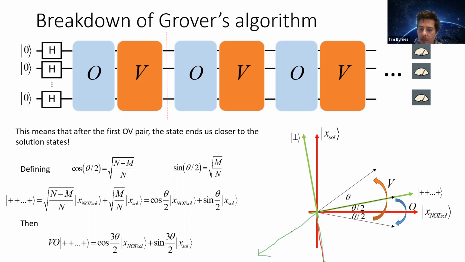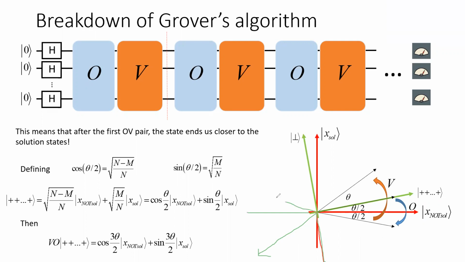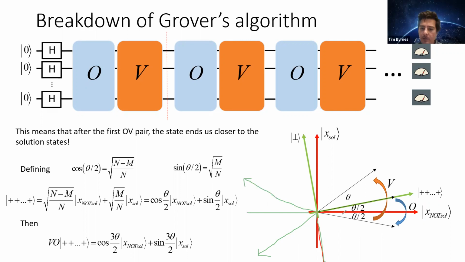If you actually did this and then continued with the sequence, here's what happens after the first step. Now the second step reflects around this axis, so it ends up here, and then finally we reflect around this axis, so it goes from here to here, and then here. I think we'll probably get the same answer.